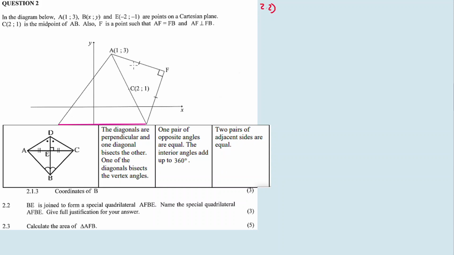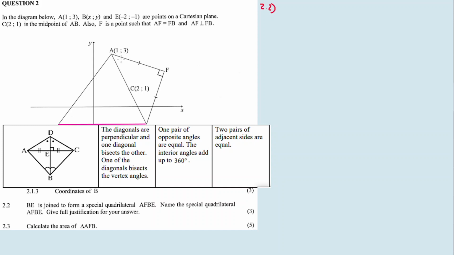So these sides, AF and FB, were hinting to us at the beginning that this is a property of kites that we must use to prove that this is a kite. Here they say two pairs of adjacent sides are equal, so this is the property we can use because we can calculate the lengths of the sides of this kite.